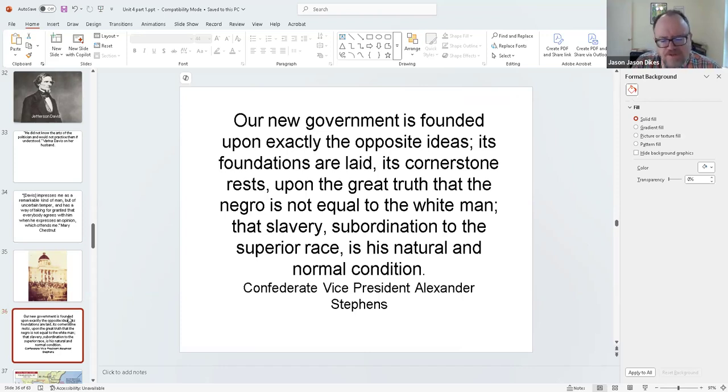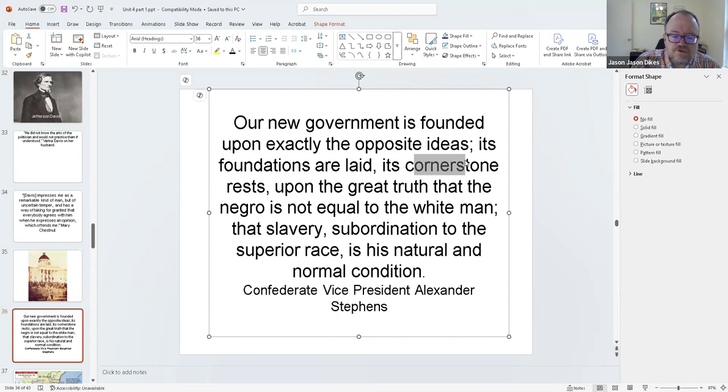Which is a strange thing to mention when you're talking about taxation and tariffs and all that kind of stuff, to just sort of go off on this, saying the quiet part out loud. This is called the Cornerstone speech because of that cornerstone quote. So very strange thing, but again, feels like he's saying the quiet part out loud.